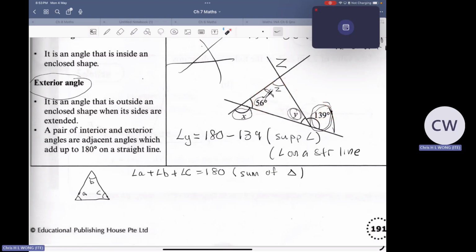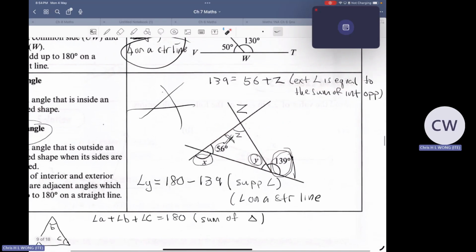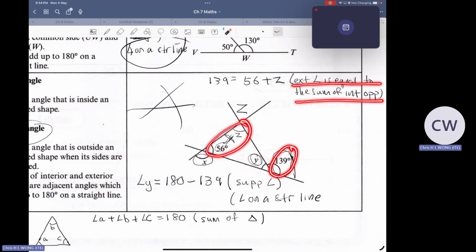I say again, this plus this gives you 180 because of the triangle. This plus this gives you 180, angle on a straight line, right? So this must be equal to this. That's the reason: exterior angle is equal to the sum of the interior opposite. These two must be equal.